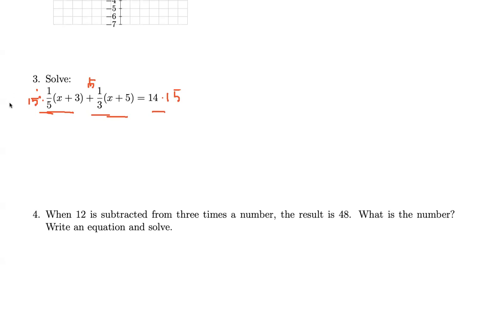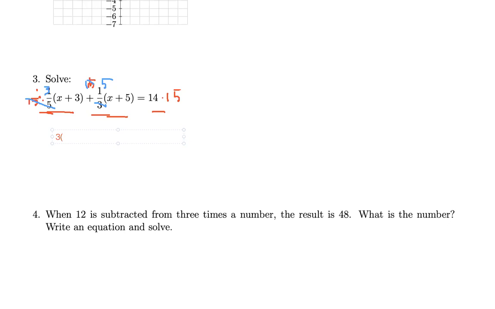By doing this, you see something is good. Because 15 divided by 5, I get 3, and 15 divided by 3, I get 5. So these are 14 times 15. Okay, so let me type this.